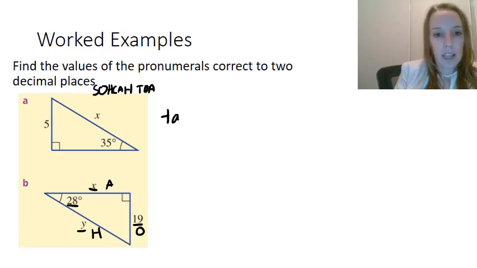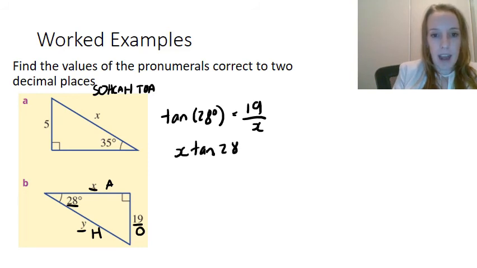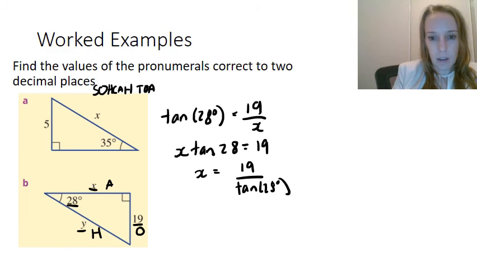So tan 28 degrees is going to be our opposite side, 19, over our adjacent side, which is x. Tan 28 equals 19 over x. So then x will equal 19 over tan 28 degrees.